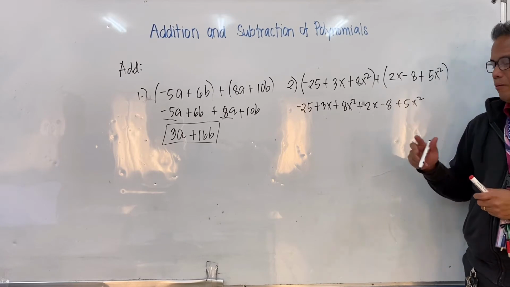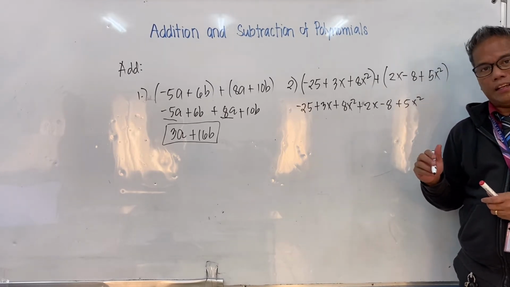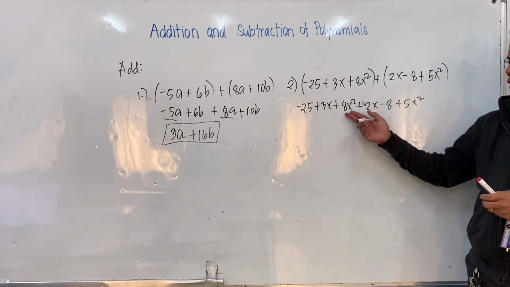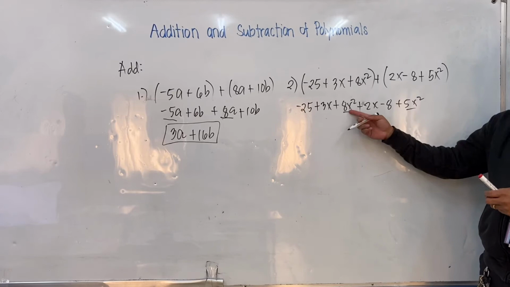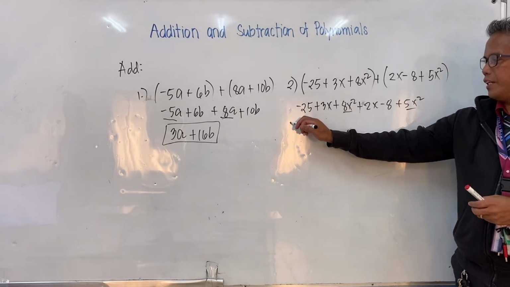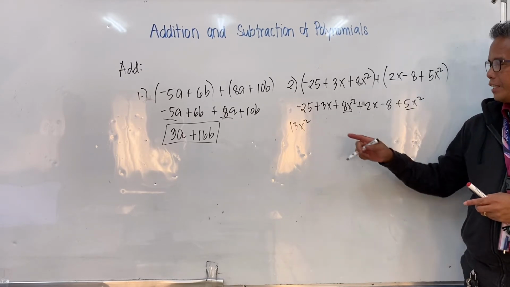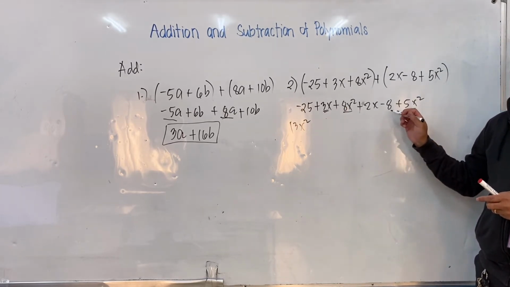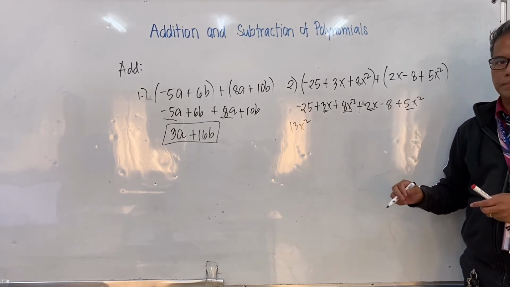Combine similar terms. Of course, you are going to start with the highest degree. We have 8x squared, then 5x squared. Adding 8x squared plus 5x squared, the answer is 13x squared. Next we have 3x and 2x.